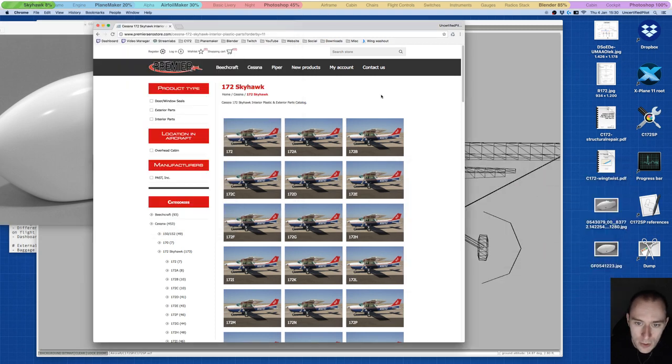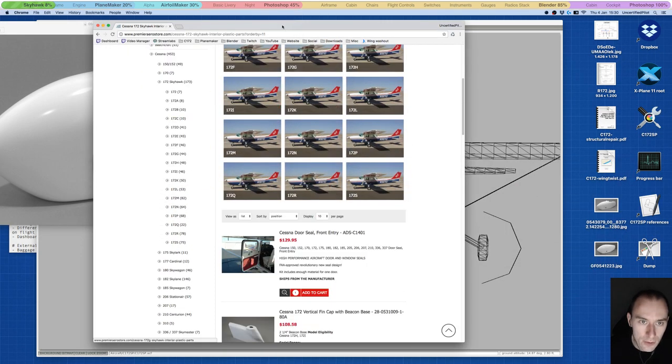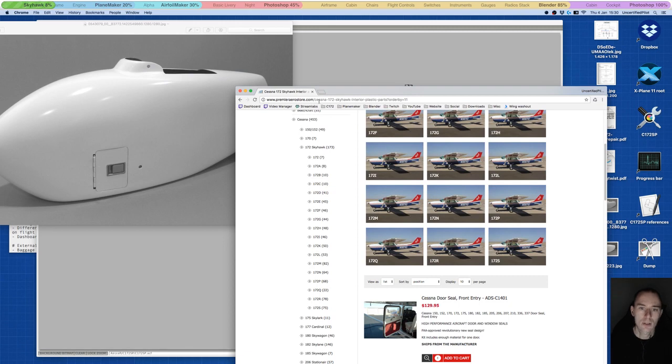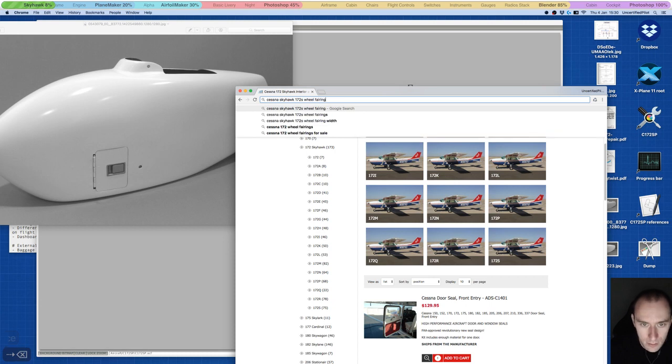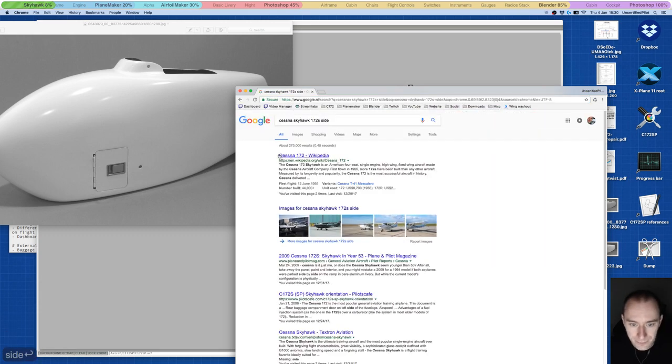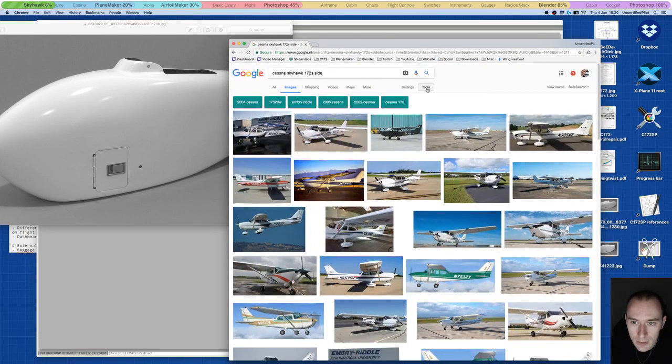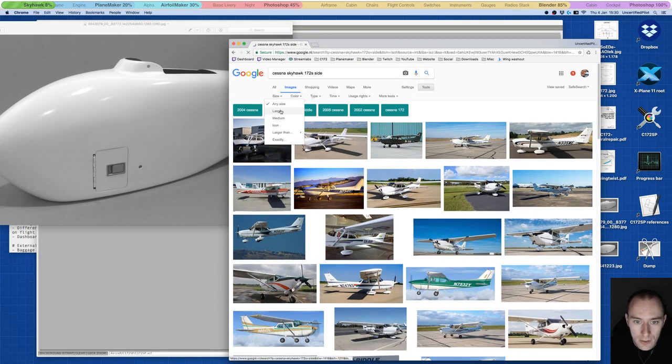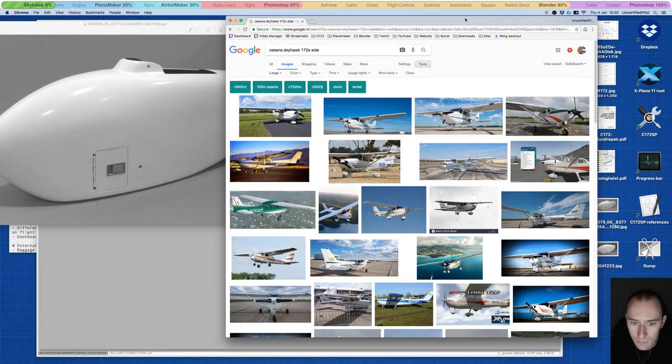So that means that we're just going to base it off of a picture. That's the best guess that we have. This one, but also in reference to the airplane. So Cessna Skyhawk. Side, and I would like to have a high-res picture. Perhaps the side could work.